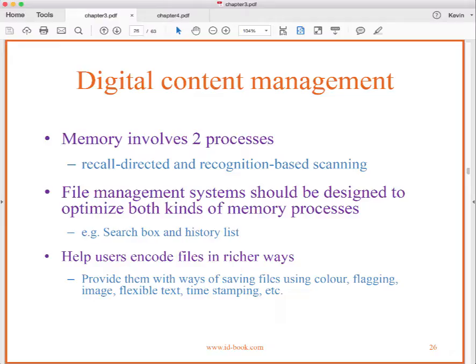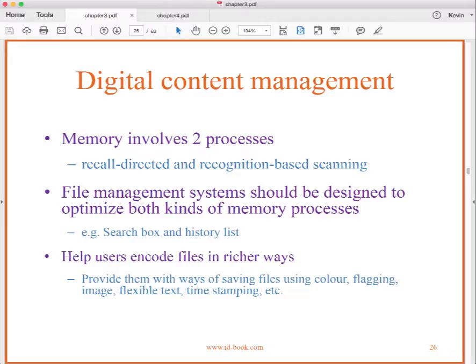Well, first of all, we need to remember that memory involves two processes: recall, recognition. Okay? So if we're going to come up with finding aids, some of them might be recall directed, and some of them might be recognition based. Some of them might be hybrids of the two.